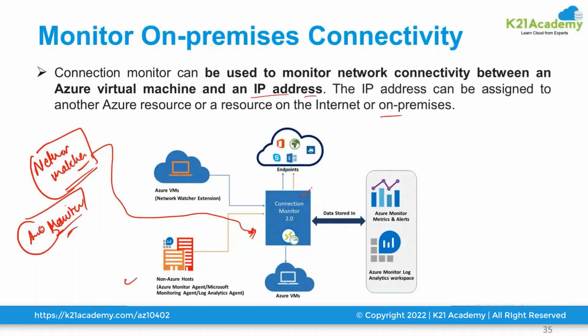Once you create this connection monitor and start monitoring the virtual machines, and let's say this is your on-prem, you are monitoring the connectivity, so logs will get created. You can store those logs in your Azure Log Analytics workspace, and then later you can use KQL to query those logs to understand more about the connectivity that is happening. So that is what you can do, right?